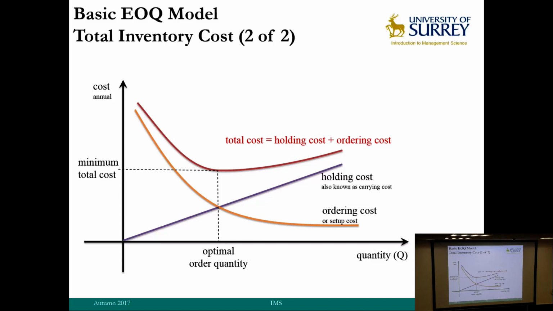Beyond this point, the holding cost keeps increasing, so the total curve slowly increases. Before this minimal point, the ordering cost is pretty high, so we also have a pretty high total cost. So we should find where the point is.